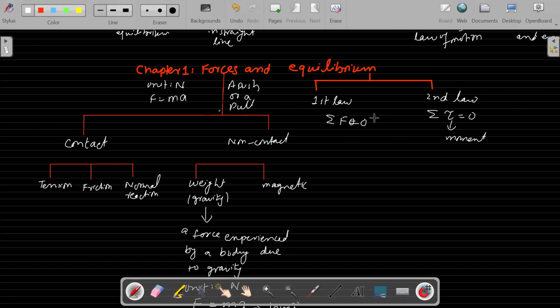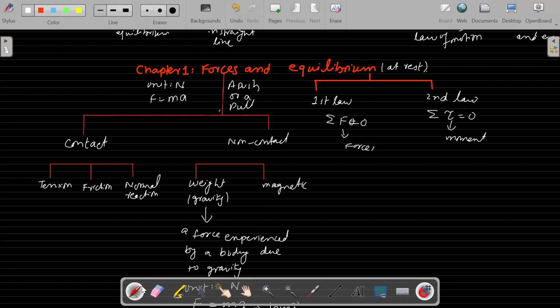When it says sum of all forces, it means that whenever a body is at equilibrium or at rest, more than one force is going to act, and we will be discussing these cases as well.